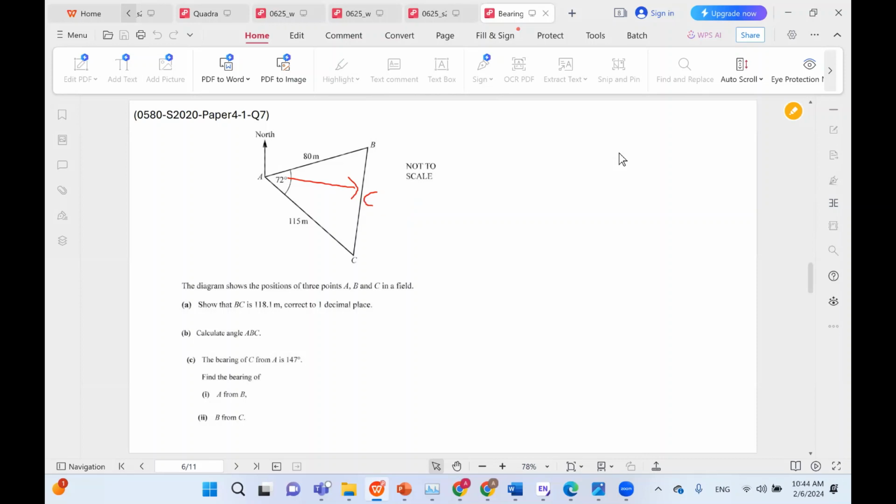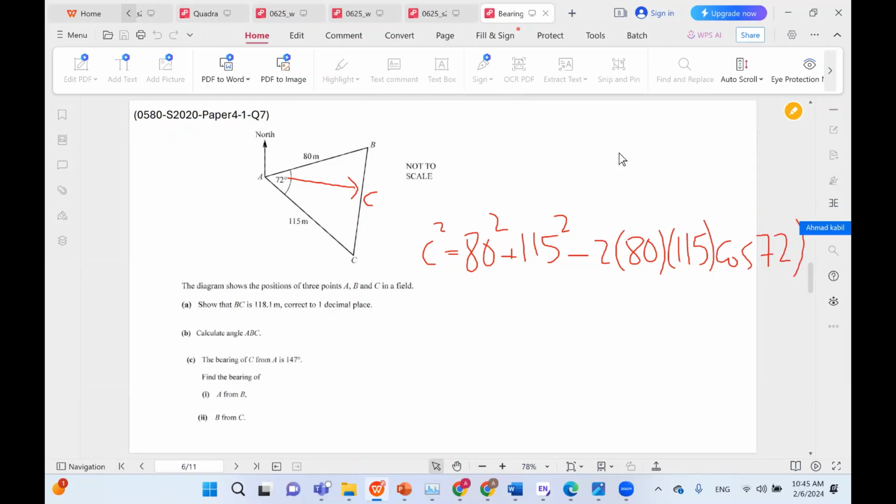So c squared is equal to 80 squared plus 115 squared minus 2 multiplied by 80 multiplied by 115 multiplied by cosine 72.